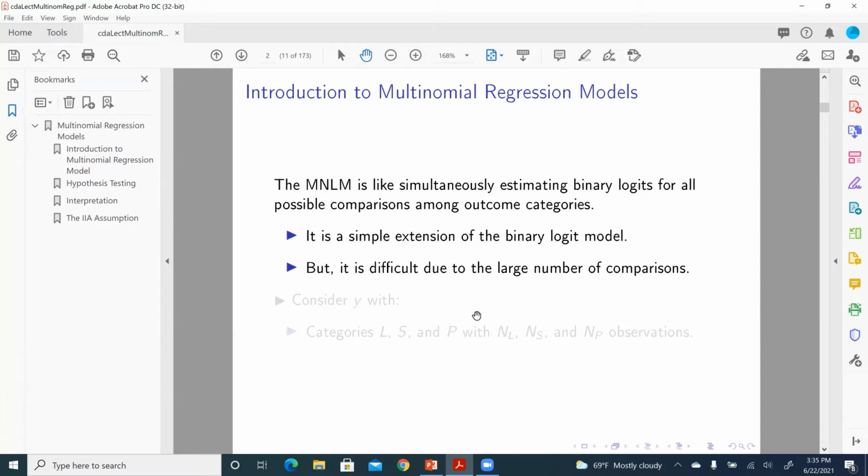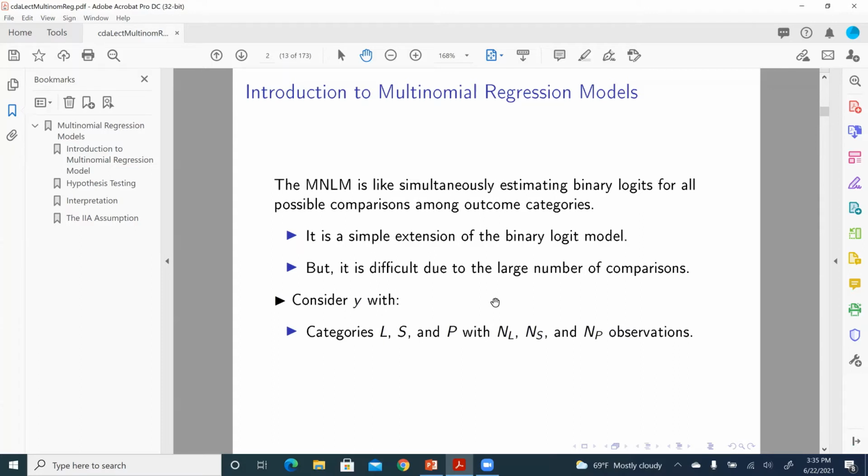If we have, let's say, 3 categories, later on we will have an example for that, then we will have 3 pairwise comparisons. And if we take into account the order of comparison, let's say which is compared with which, we can flip it. Then it's going to double.